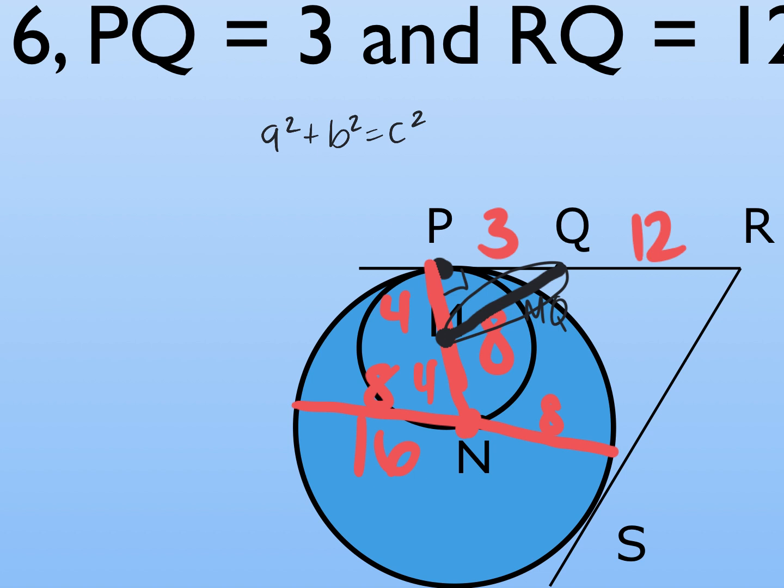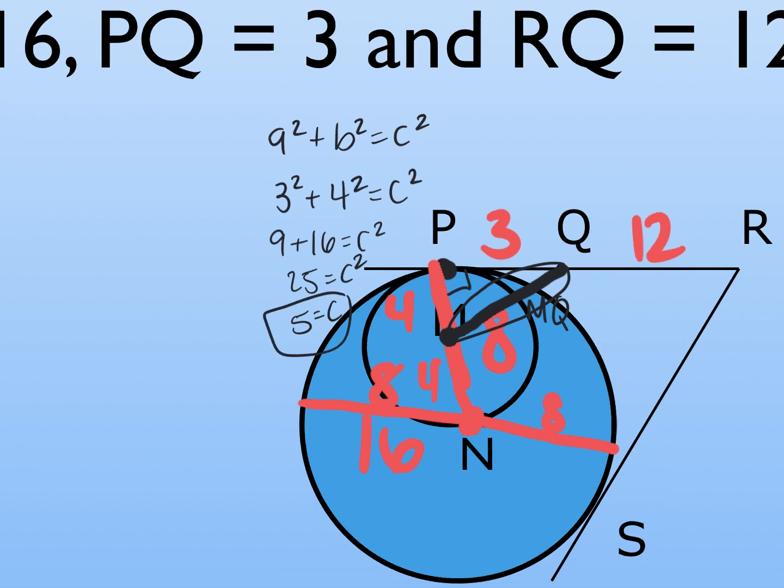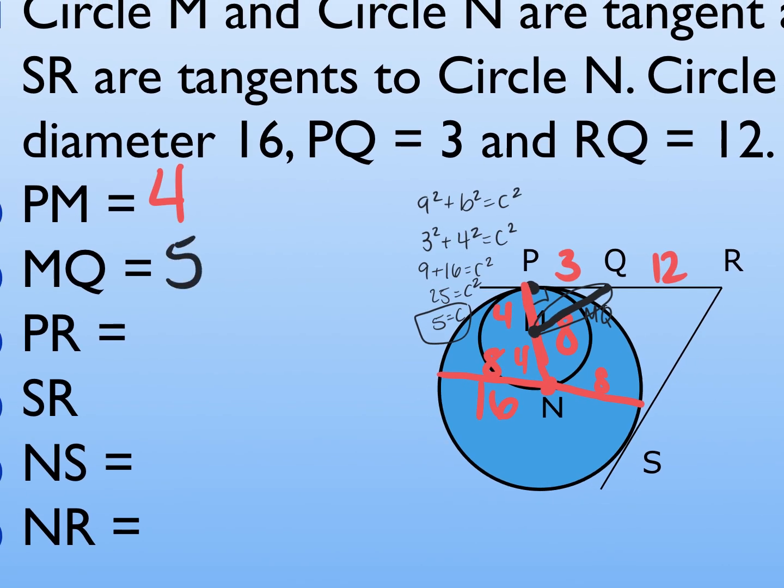What can I plug in for a? The 3 or the 4. Good. Let's do 3 squared plus 4 squared should equal my c squared. This is going to be 9 plus 16 equals c squared. That's 25 equals c squared. So c is equal to 5. So I know now that MQ is 5 units.